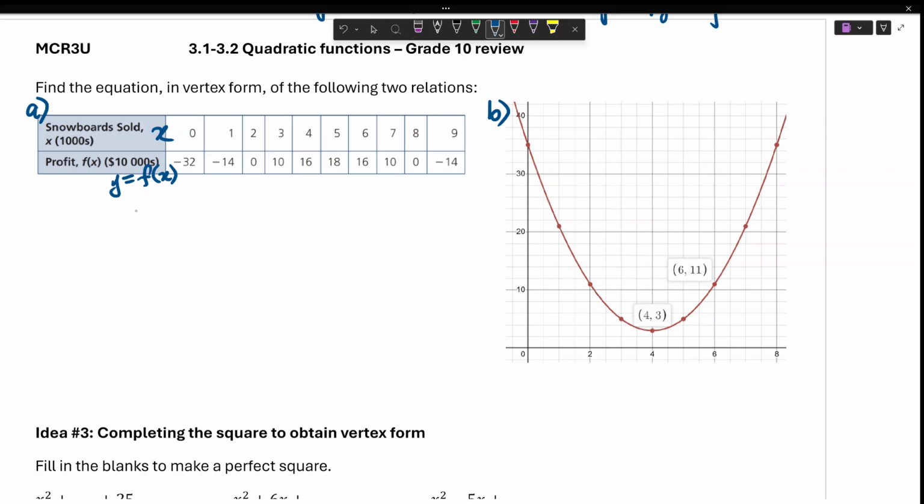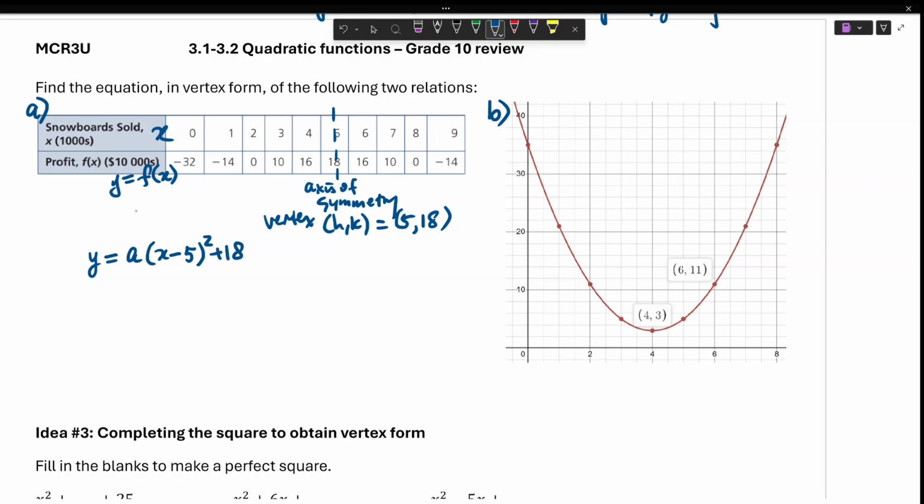So you know that right here should be your axis of symmetry. So that means you know your vertex. Your vertex is going to be 5, 18. So right away we know it should be some a value times x minus 5 squared plus 18.